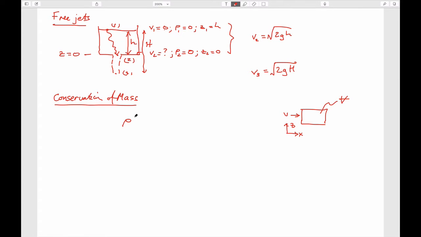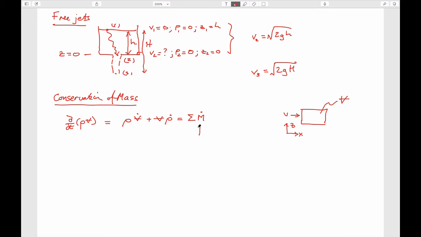So the accumulation term is, if we want to write it out, the rate of change with time of the product of density and volume, which if we split up by the product rule is just density times rate of change of volume plus volume times rate of change of density, is equal to the sum of the mass flow rates.